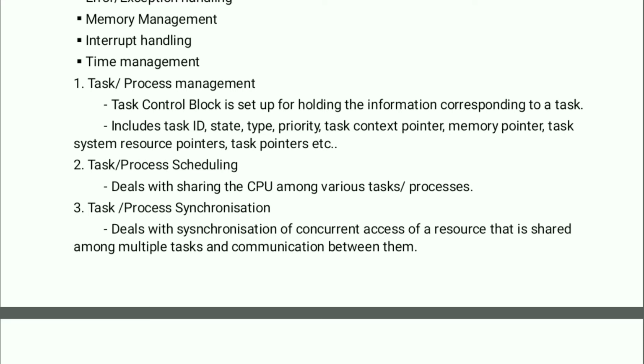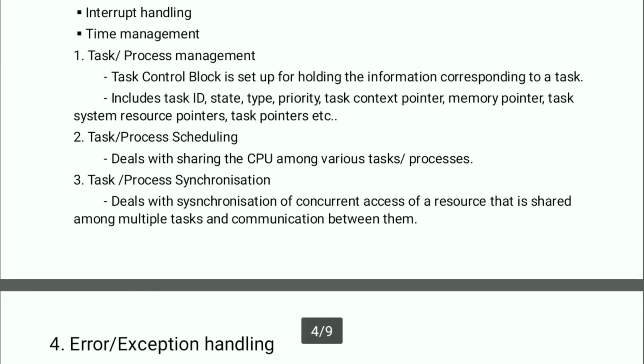The next one is the task priority. We can prioritize the tasks, and if a task has the highest priority, it will be done first. We can set the priority, for example, as task priority equal to 1. Now the next one is the task context pointer. It is a pointer for context saving. We have other pointers such as the task memory pointer.